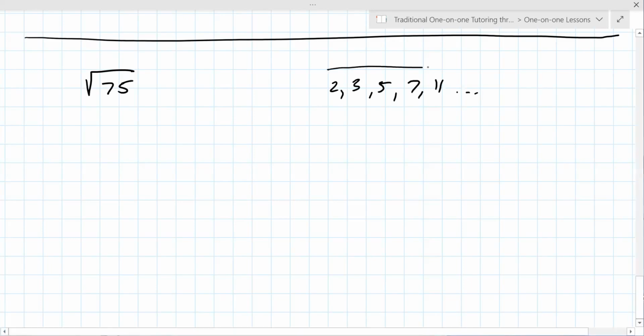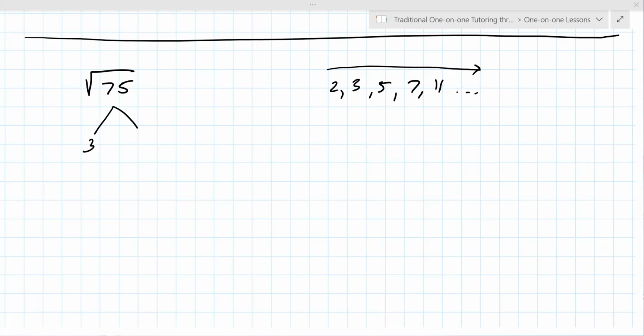You have to start in this order. 2 doesn't go into 75. But 3 it does. 75 is divisible by 3. You're trying to figure out what 75 divided by 3 is. Okay, so 75 divided by 3 is 25.